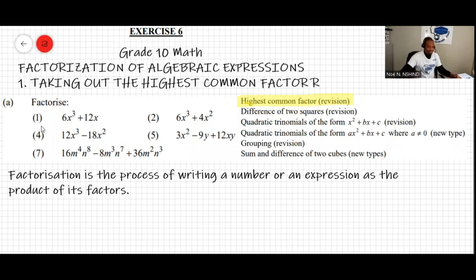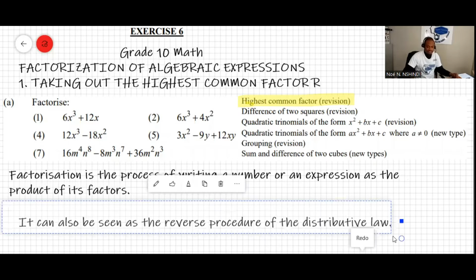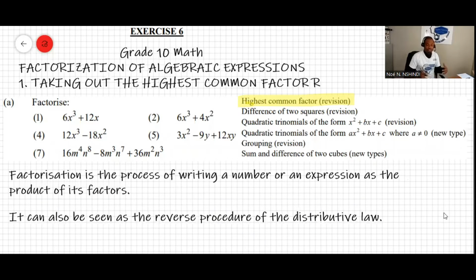Now, we have exercises here. Before we do this, first of all, I was saying that factorization is also considered as the reverse procedure of the distributive law.